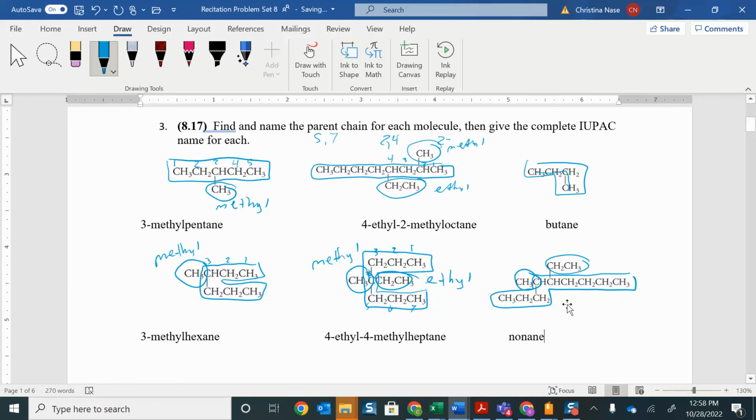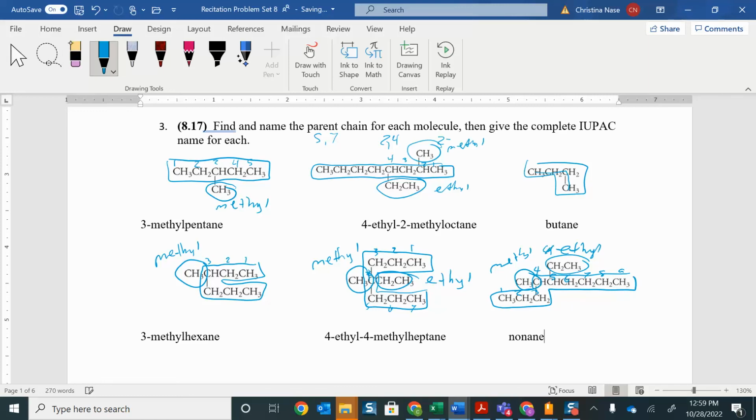And let's see. If we start numbering here, I've got 1, 2, 3, 4, 5. I've got 4 and 5. Or if I start numbering over here, I have 1, 2, 3, 4, 5, 6. So 4, 5 gives me a smaller set of numbers. 1, 2, 3, 4, 5, 6, 7, 8, 9. So my ethyl is on the 4, and my methyl, I'm sorry, my ethyl is on the 5.